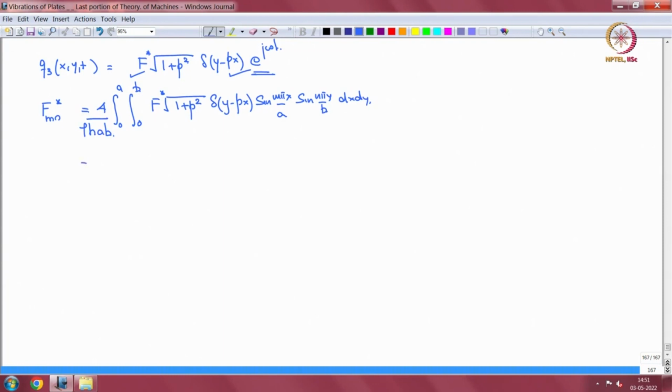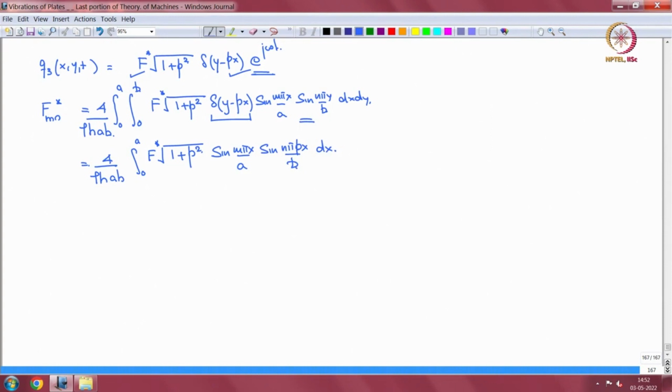Okay. So, now what happens here if I do the y integral first. So, I get 4 by rho h a b, we have to keep the x till the end. 1 plus p square and this becomes sin m pi x by a sin n pi px by b and dx.